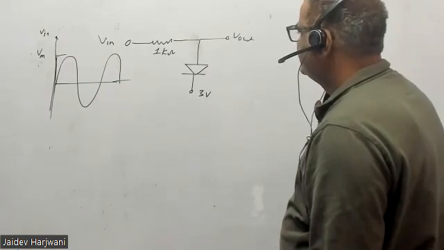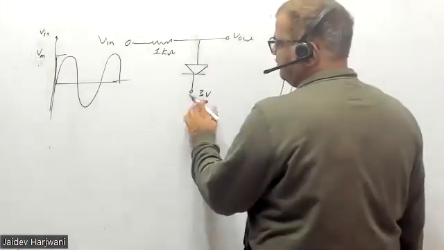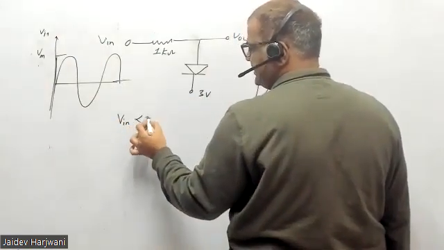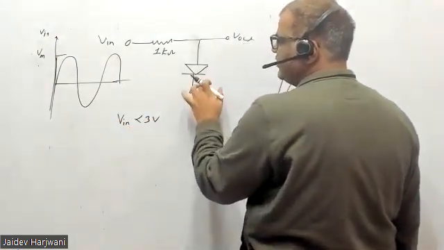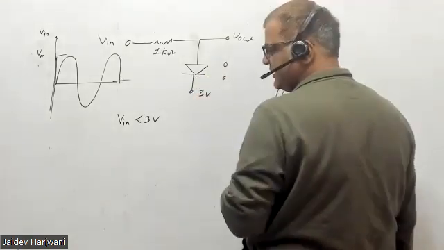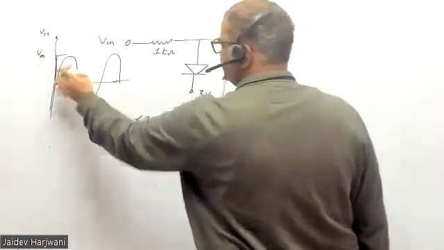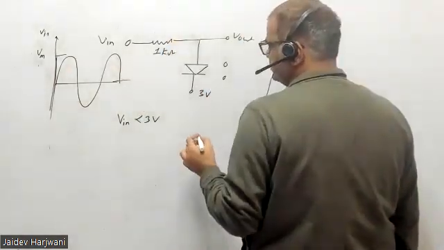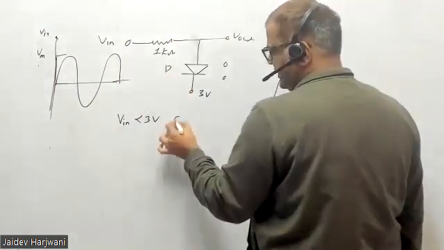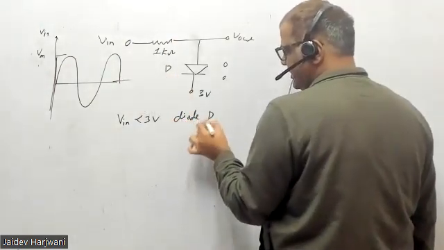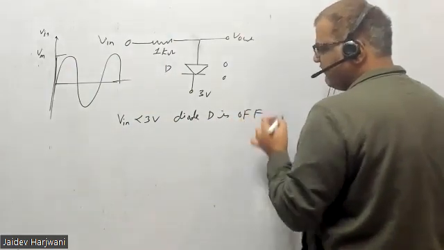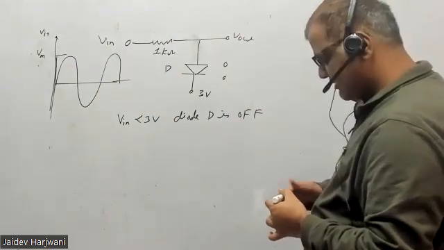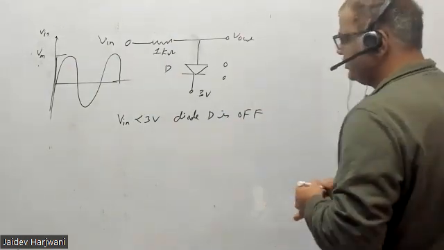Now this is V input. If your V input is less than 3 volt, then this diode will be reverse biased. So diode D is off, meaning no current will flow. In that case, what is your V output?